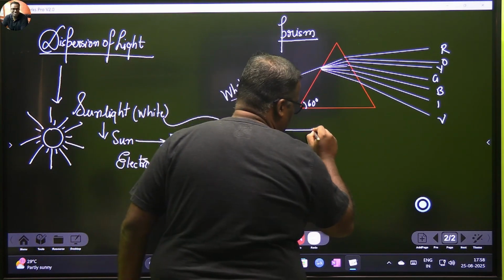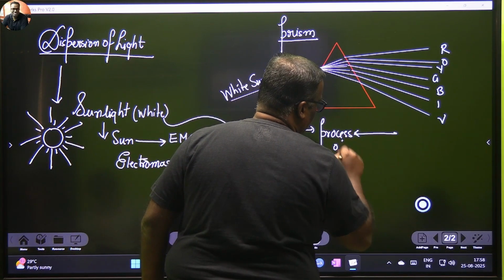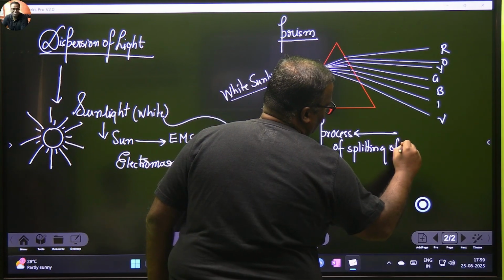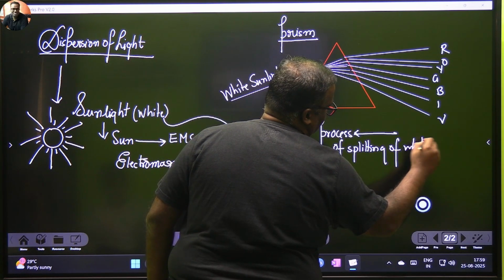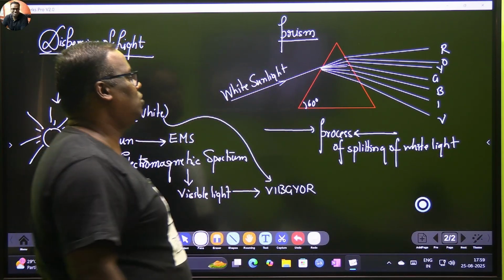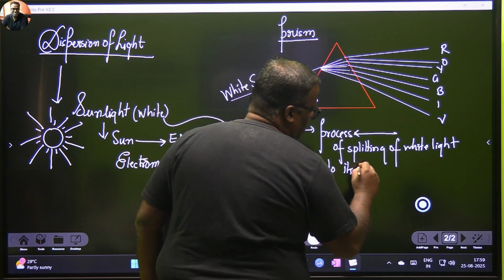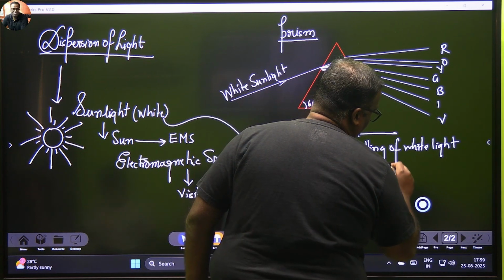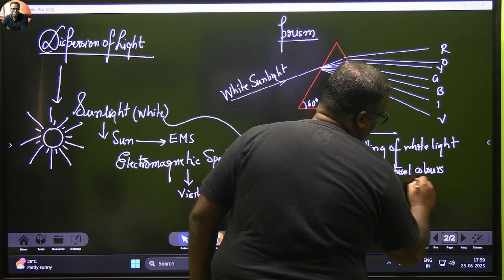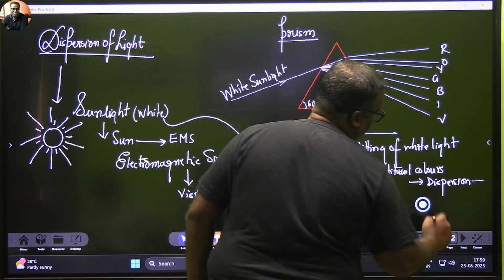Now, this process of splitting of white light, and this white light need not only be from the sun, it can be from a lamp also, the process of splitting of white light into its 7 constituent colors is actually known as dispersion of light.